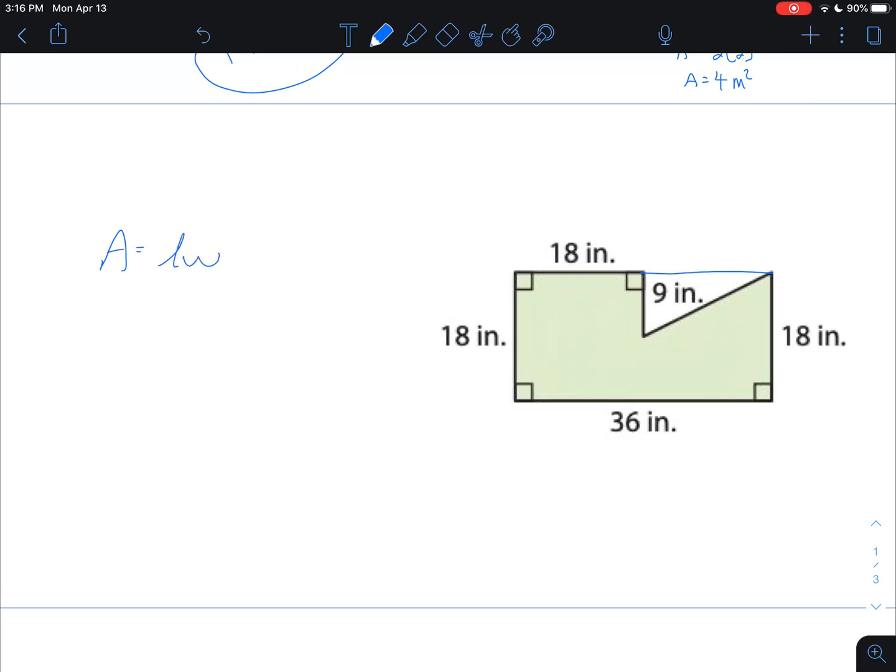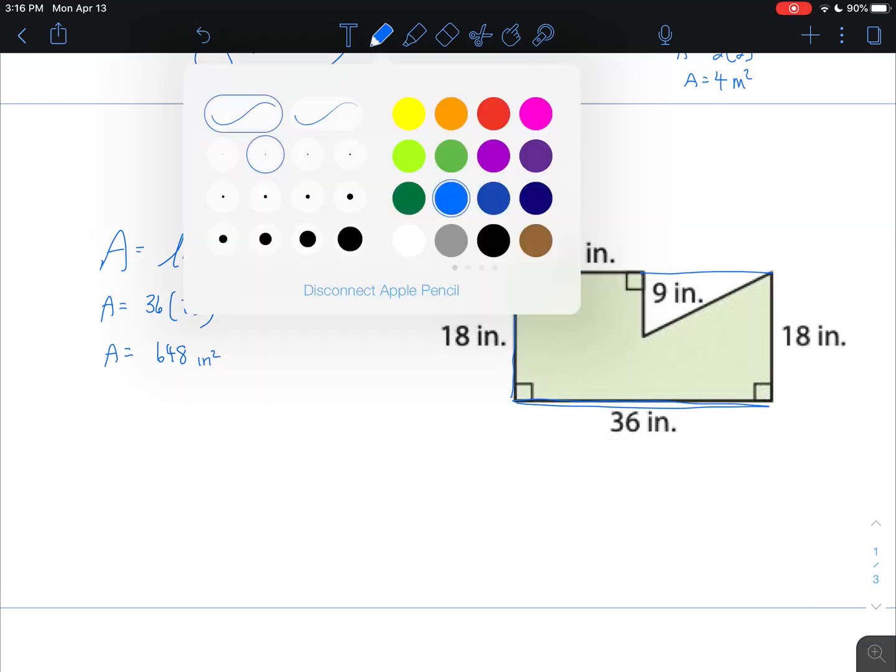So area of the rectangle is length times width. The length is going to be 36, and the width is 18. So 36 times 18, your area is 648 square inches.